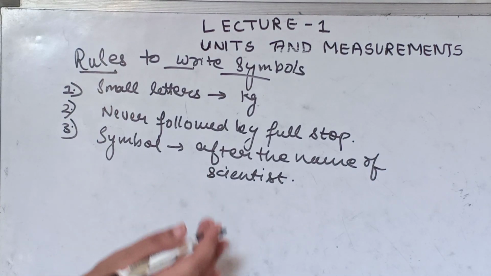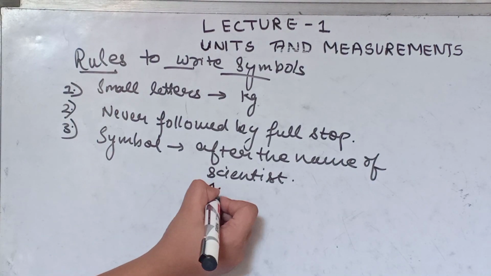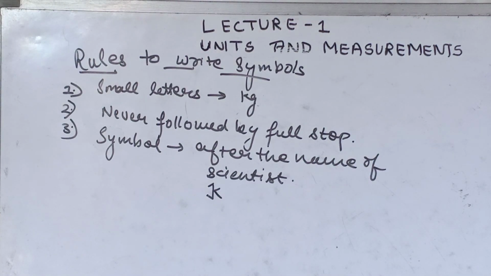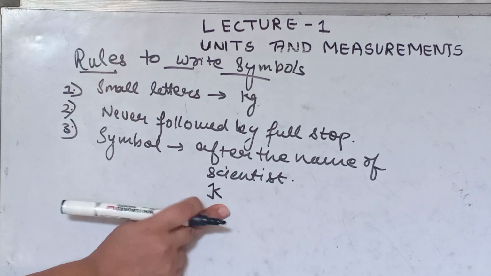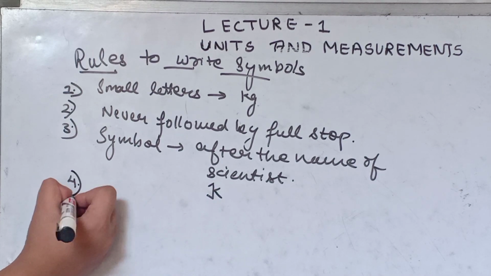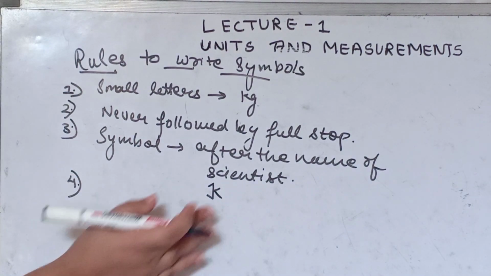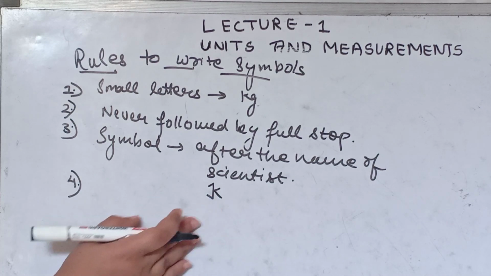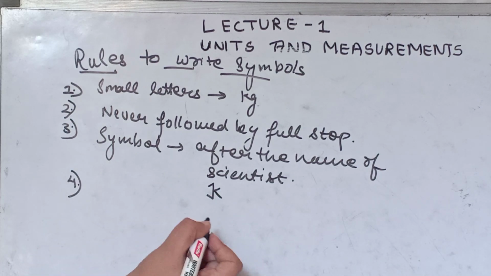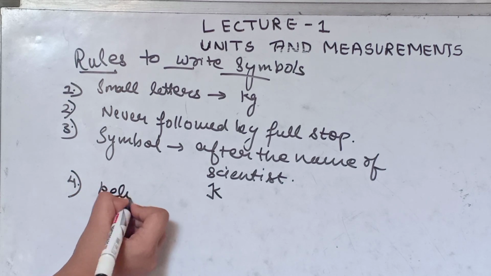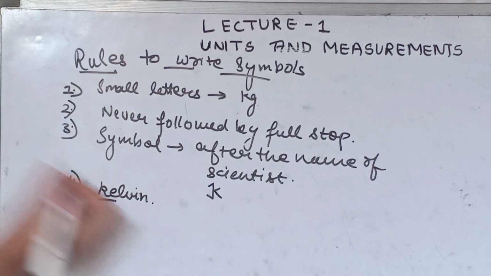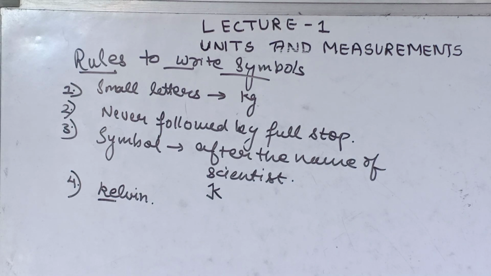For example, Kelvin, K is capital. It is after the name of a scientist. So for Kelvin, K is capital, but whenever we are supposed to write the full name, Kelvin full word, even though it is after the name of a scientist, we are supposed to write it with small alphabets only.